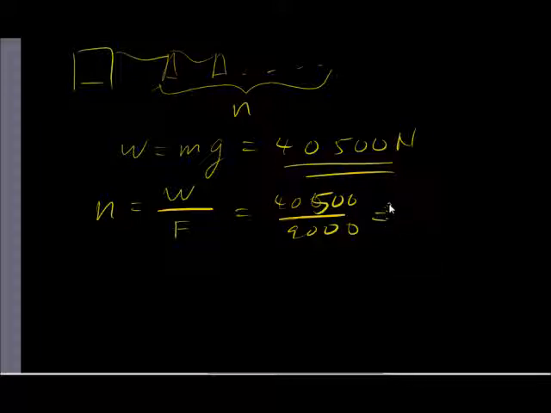And then by doing a bit of calculation, we arrive at 4.5. Since the question wants us to find the minimum number, and that cannot be a half tower, we round this number up to 5. So altogether, we need 5 towers to support the cable.